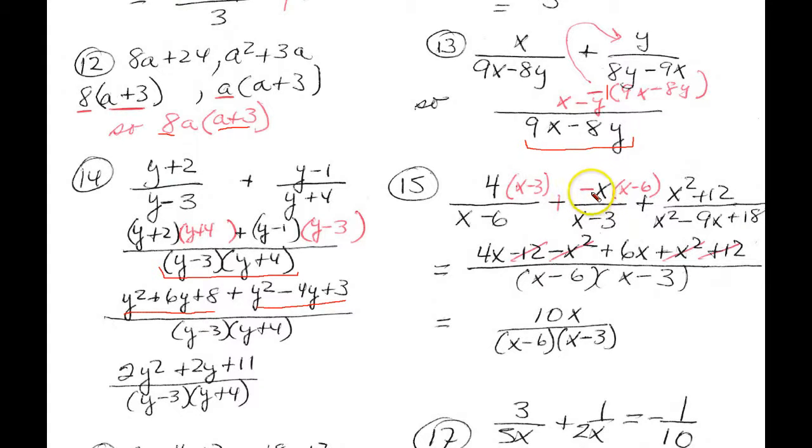It's a little easier to work when you have it like so. So here we distribute, and I get this. Here we distribute, and I get this. This just stays the same. Now I have a negative x squared and a positive x squared. They cancel out. I have a negative 12 and a positive 12. They cancel out. So all I'm left with is 10x, 4x plus 6x, which gives me my 10x.